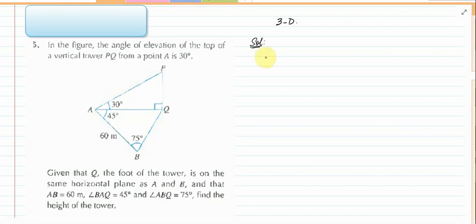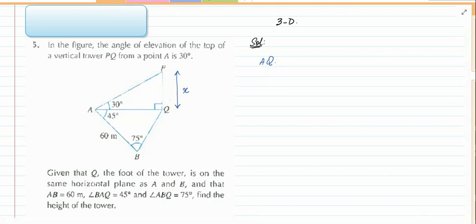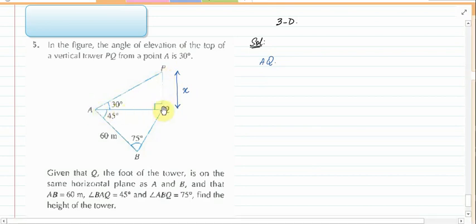First thing, you need to know the length of AQ, right? If the required target is to find the height of the tower, that means the length of PQ is unknown. We cannot find the length of PQ without the length of AQ or AP.